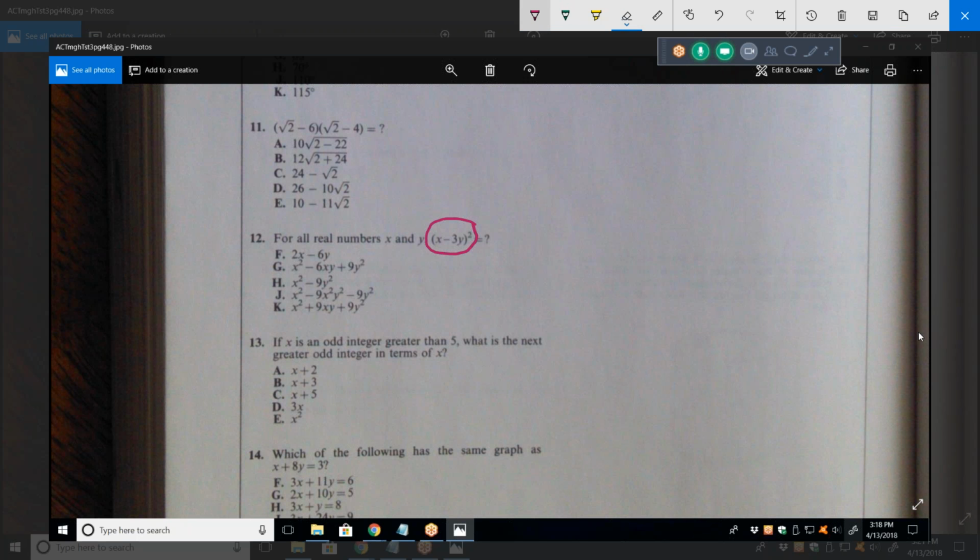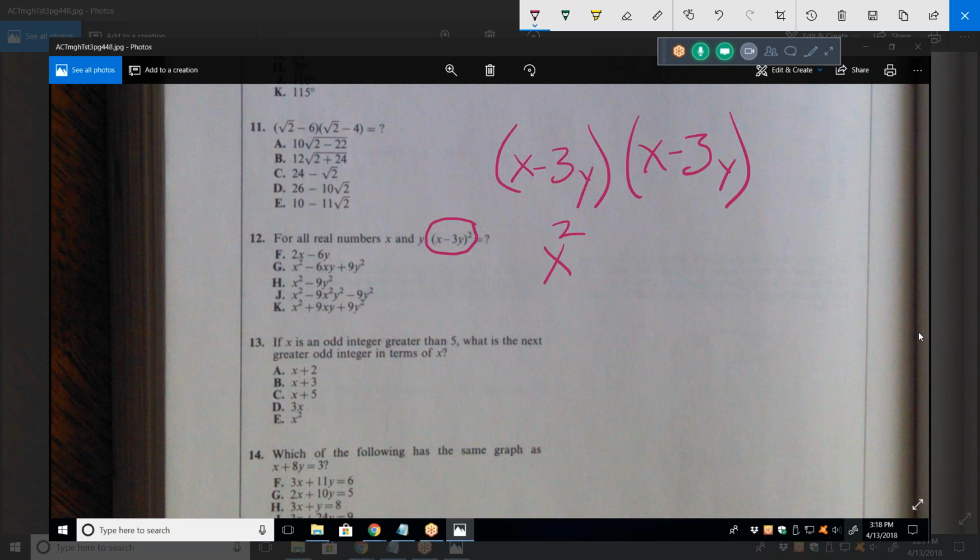Let's first of all make the problem a little bit easier by writing it like this. Correct? That's what that means. X minus 3y quantity squared means x minus 3y times x minus 3y. Now, FOIL those.